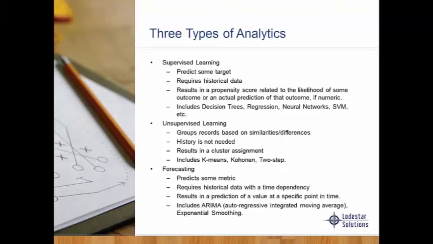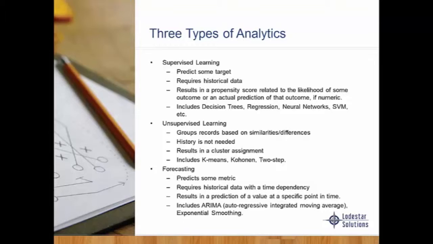Supervised learning is similar to forecasting in that forecasting requires a target. So I'm jumping down at the bottom here. Forecasting, though, predicts some metric and is time dependent. So you have something that occurred on such and such a date. Typically, you'll use things that are measured on a regular basis and are smoothed out over time, but that's not always required. Some of the examples would include ARIMA modeling and exponential smoothing, where we're taking the historical pattern of time-dependent behavior for a metric, and we're predicting that or forecasting that in the future.